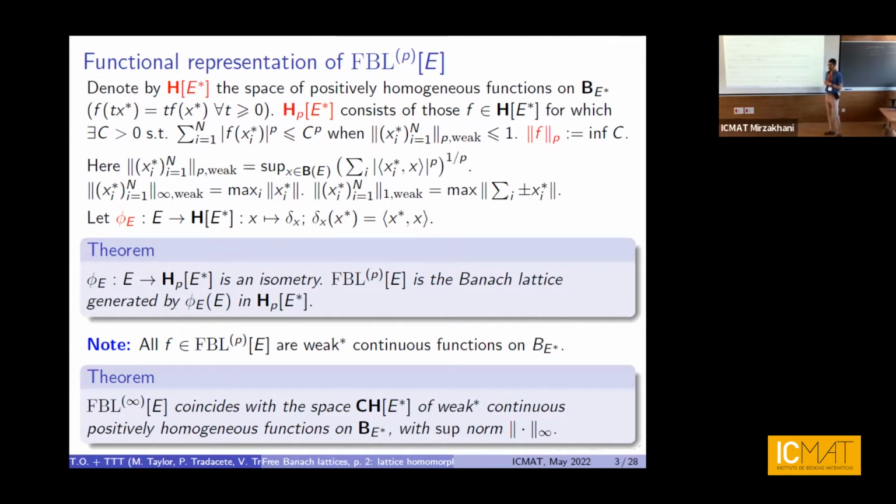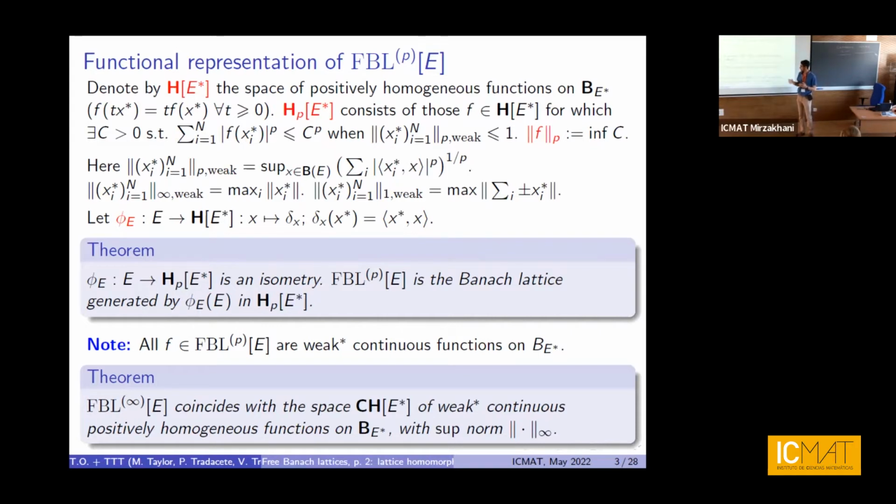And very often it's convenient to extend the functions from the unit ball of E star to the whole of E star by positive homogeneity. In this case, they will be weak star continuous on bounded subsets of E star.